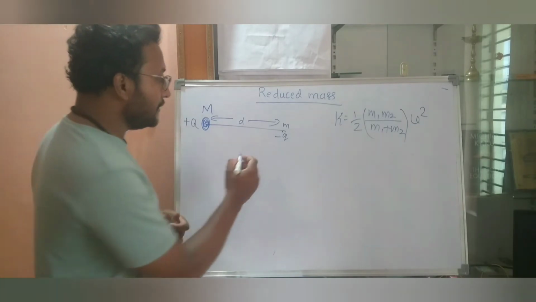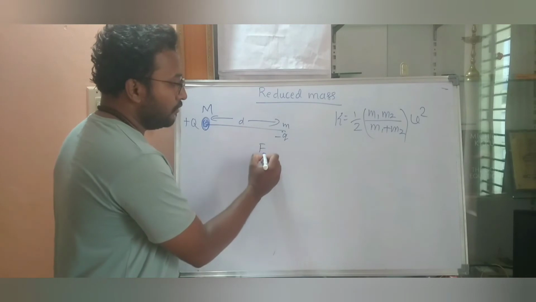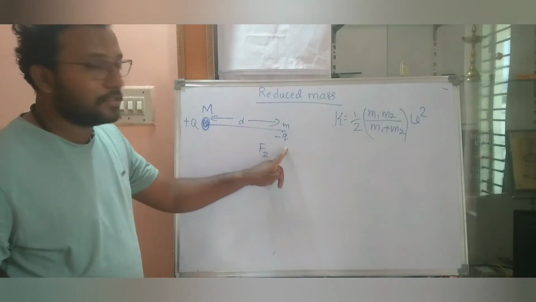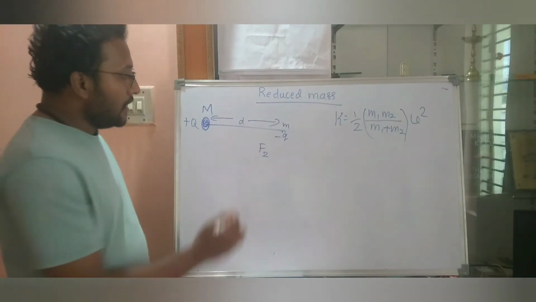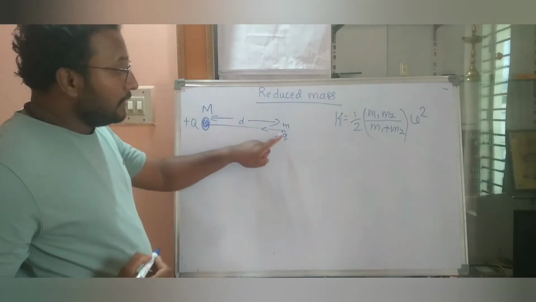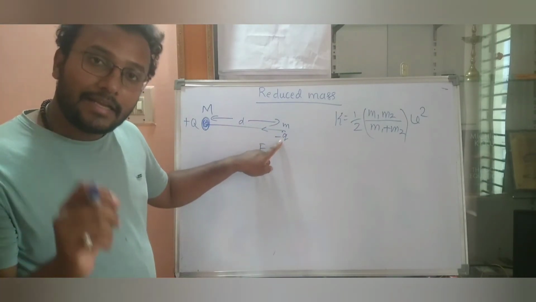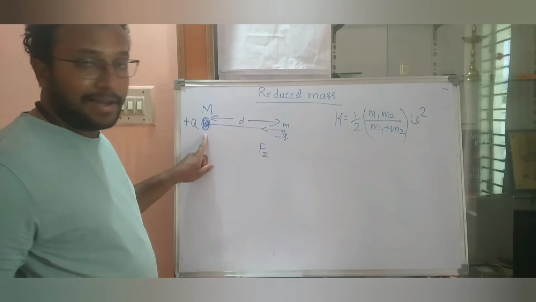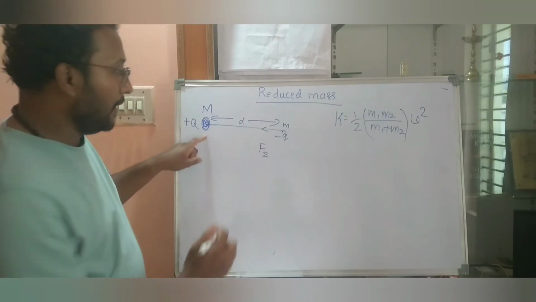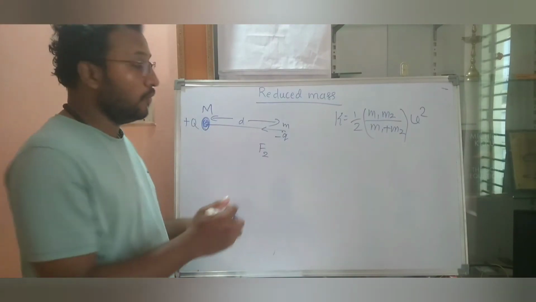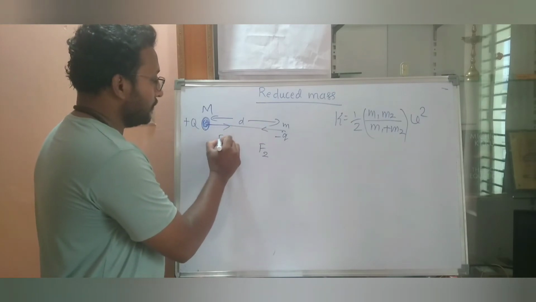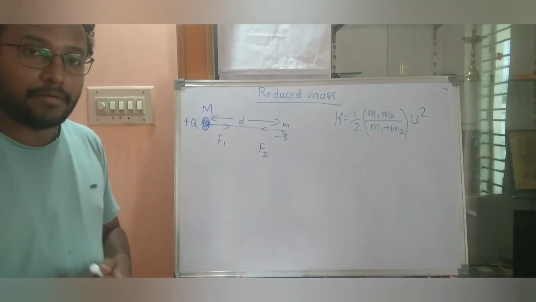I will call that F2, the force acting on the second charged particle. Similarly, the small negatively charged particle will also attract the bigger positively charged particle with the same amount of force but in the opposite direction. You can call that F1.